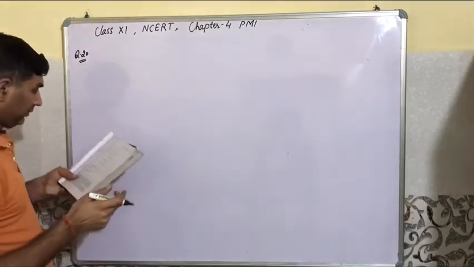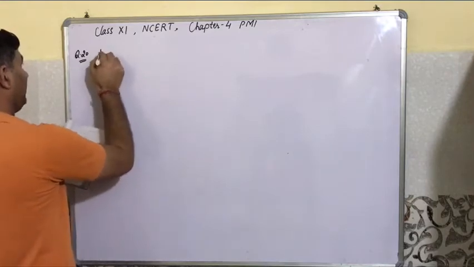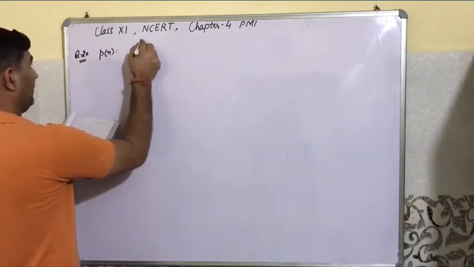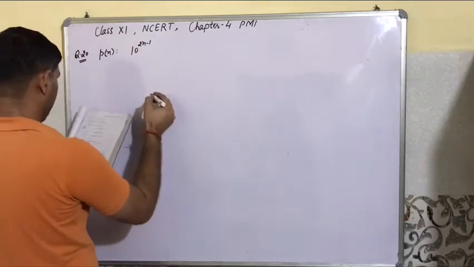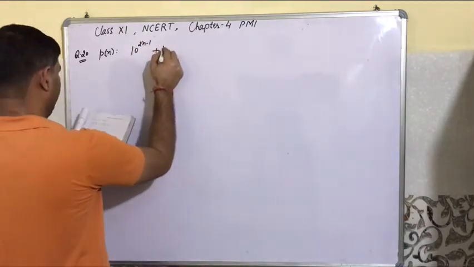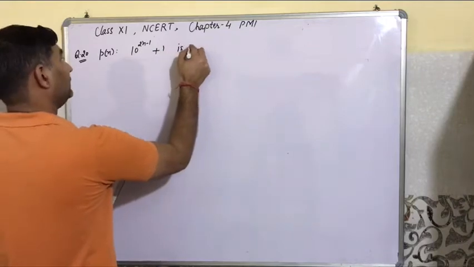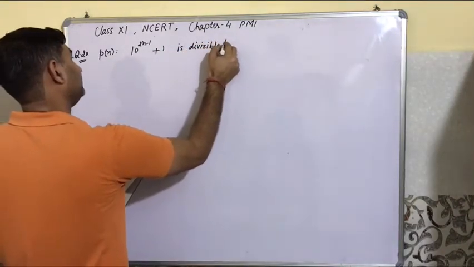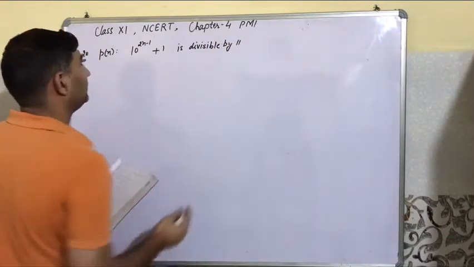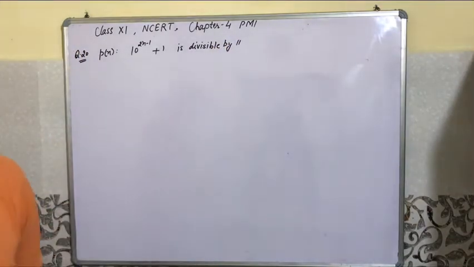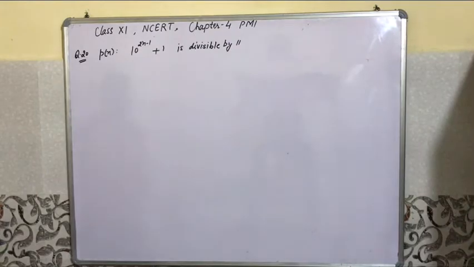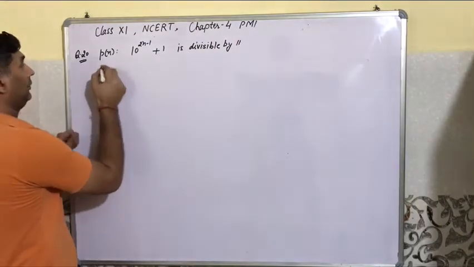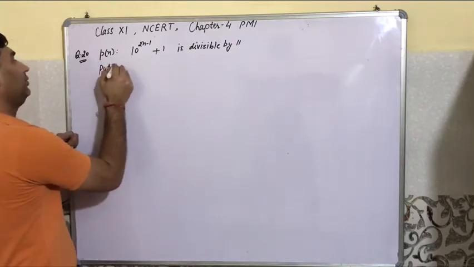question number 20: P of n is 10 raised to power 2n minus 1 plus 1 is divisible by 11. This value is divisible by 11. Then put n equal to 1.